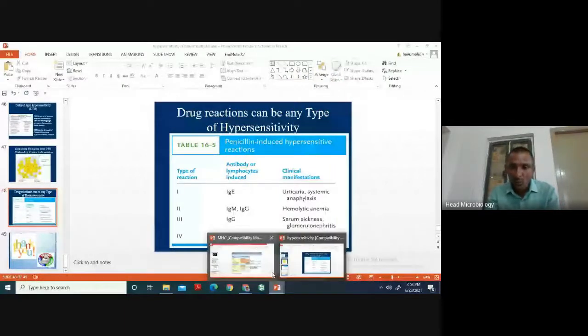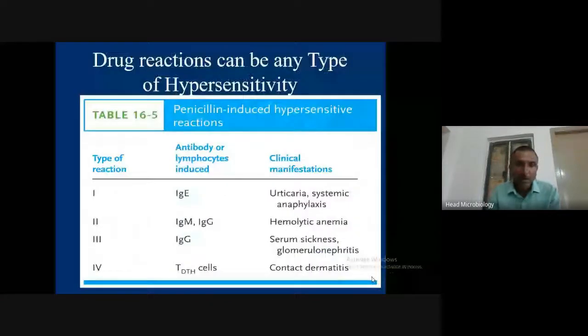Okay, these are the different immunoglobulins in hypersensitivity reactions. Type 1 reactions: antibody or lymphocytes are induced with immunoglobulin E, and the clinical manifestations are urticaria and systemic anaphylaxis.